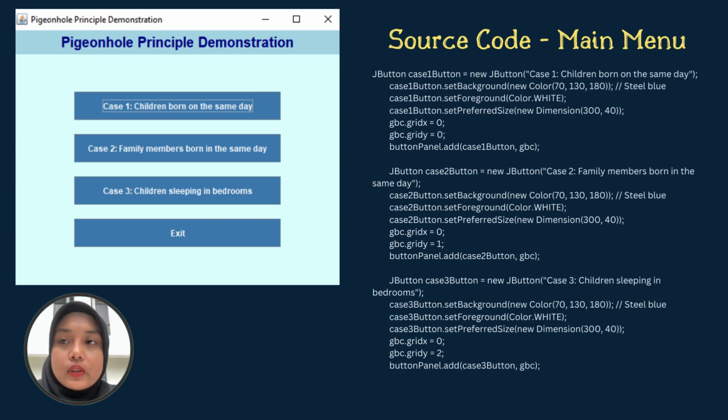For the name of the button, the source code is JButton case 1 button equals new JButton, and we provide the title we want to put in the button.